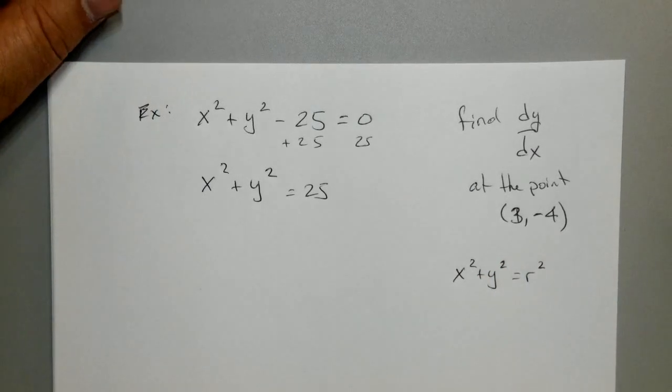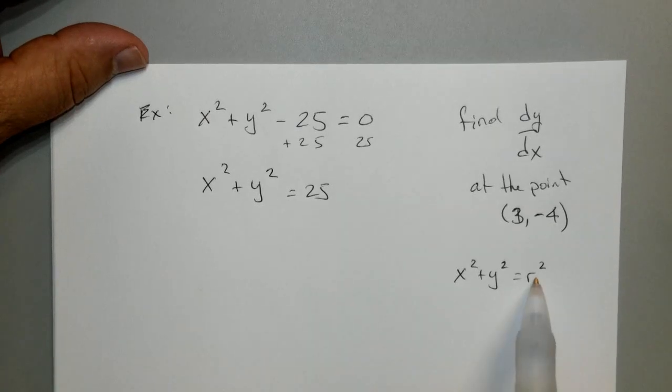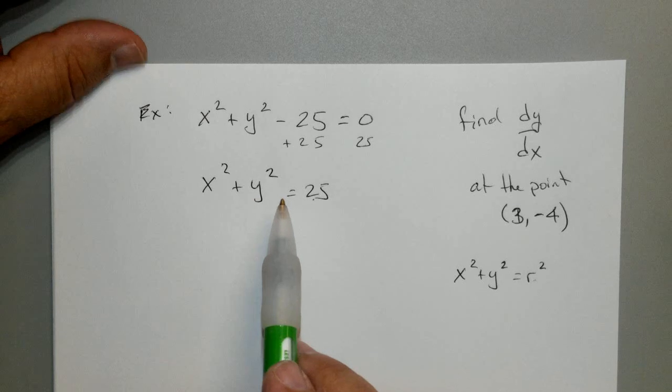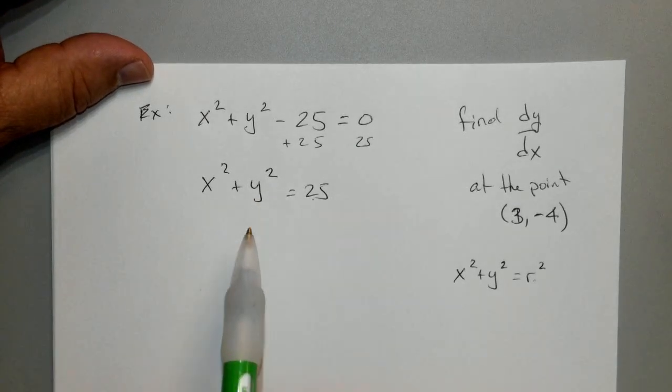It's the equation of a circle with radius what? If r squared equals 25, r equals 5. So this is the equation of a circle, radius 5, centered at 0, 0, at the origin.